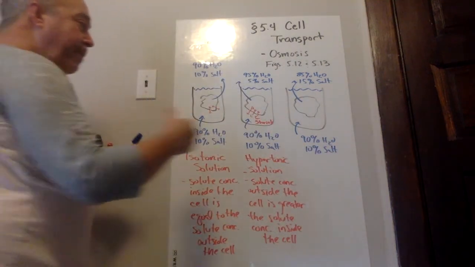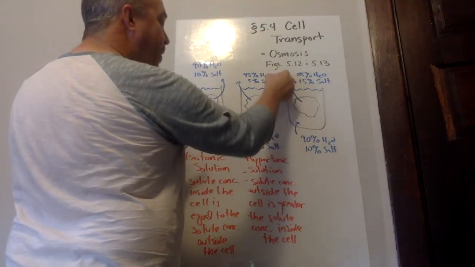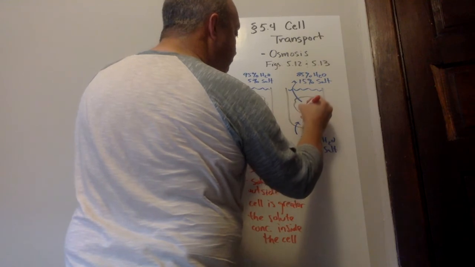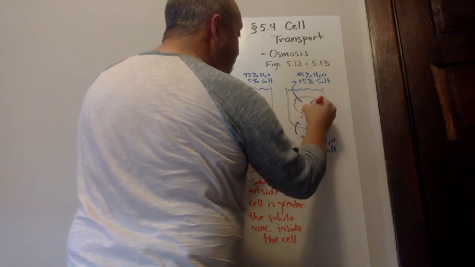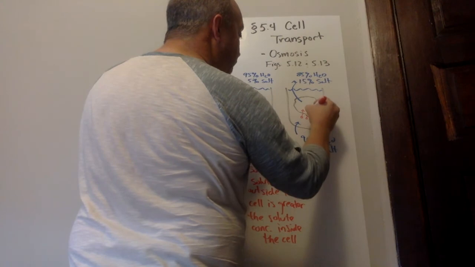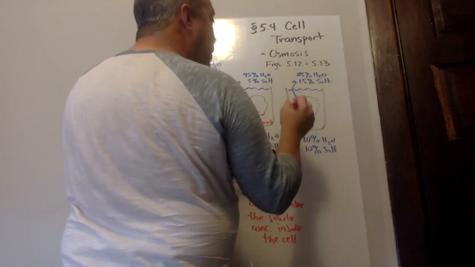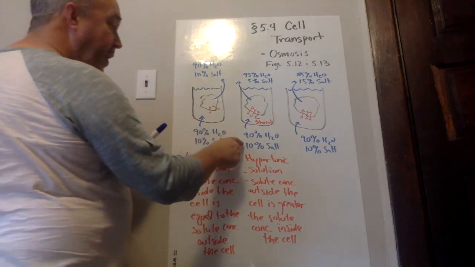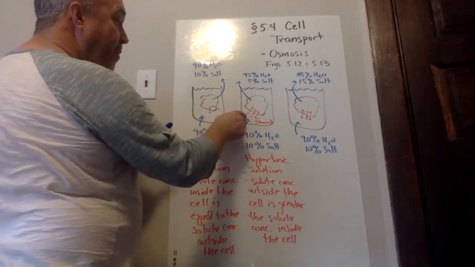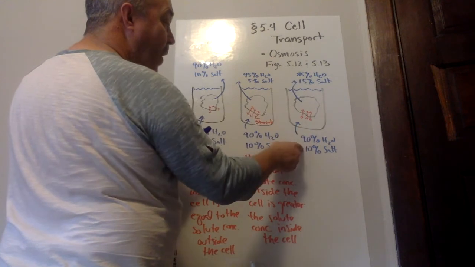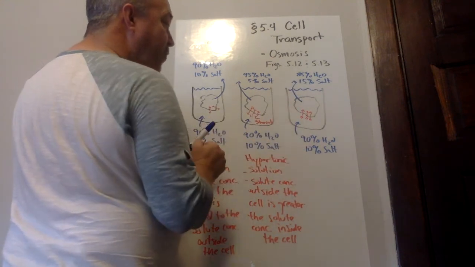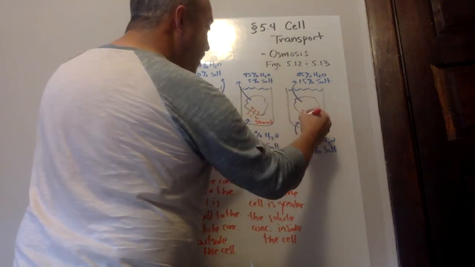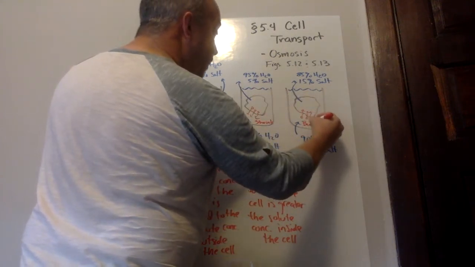If we look at this, 90% is greater than 85%. So water molecules in the solution are actually going to move into the cell. They're also going to go towards the higher solute concentration. Here the 10% was greater, so they moved out. Here the 15% is greater than 10%, they actually move in. This can actually cause a cell, if it gets too much water in it, to burst.